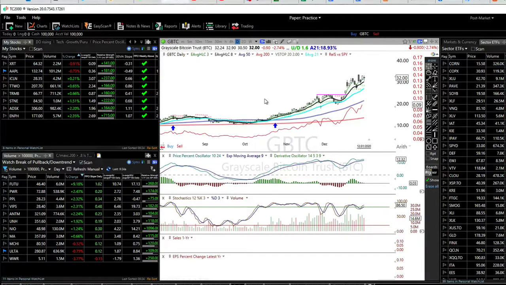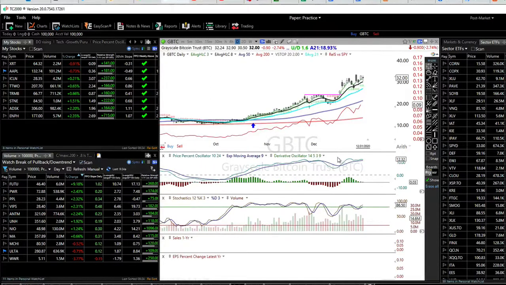I don't have these currently. I've been in these before, but Grayscale Bitcoin Trust, it actually looked really good in terms of buying, because it's generally in a nice state. But I think, if you can get in the pre-market, it's going to go crazy on Monday. So if you try to get in, it's going to be up a huge amount pretty quickly.